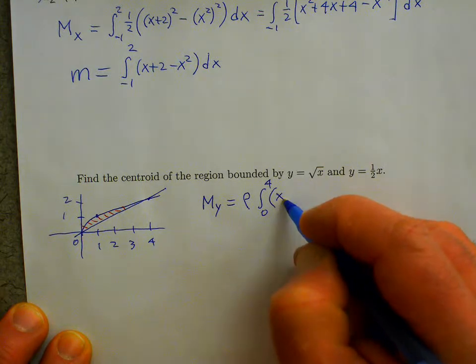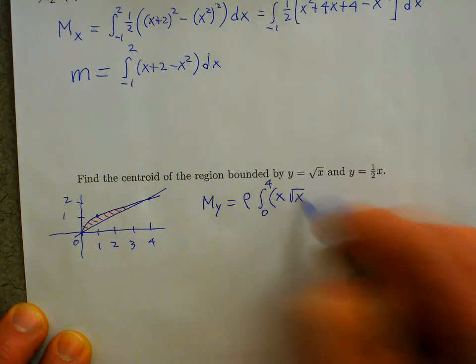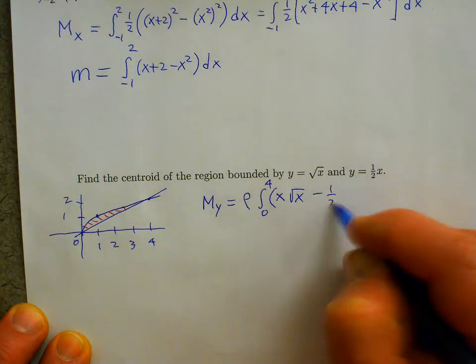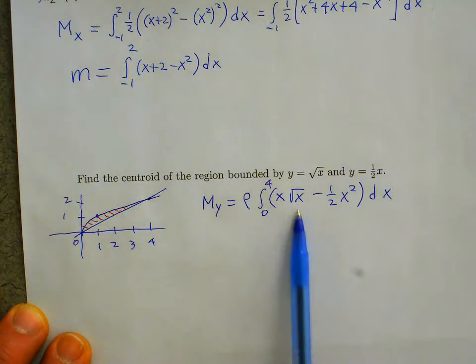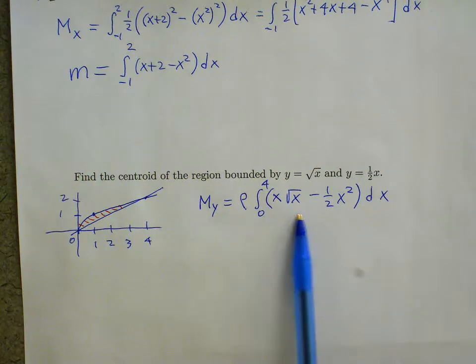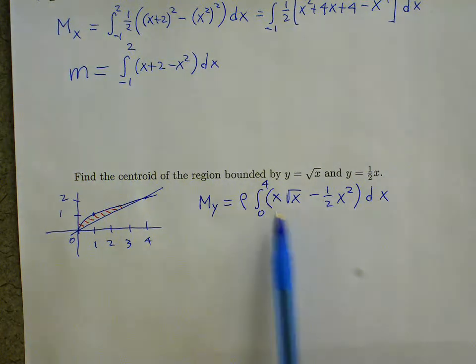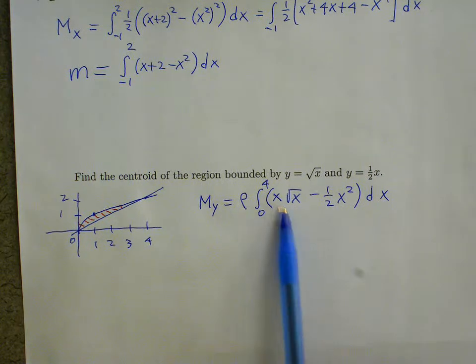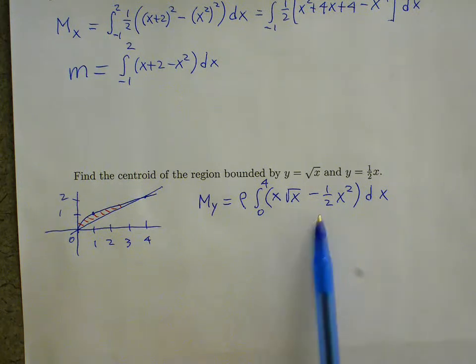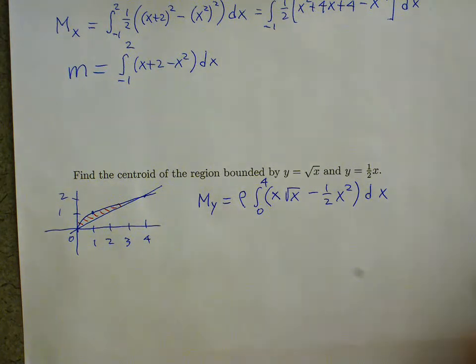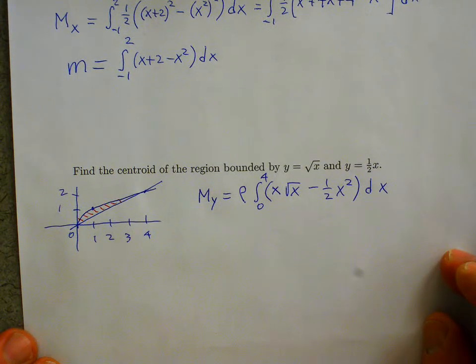Or we can write it as x times the square root of x minus 1/2 x squared. Replace the square root of x with x to the 1/2, so this term becomes x to the 3/2. After that, it's a fairly simple integral to evaluate. And we're out of time.